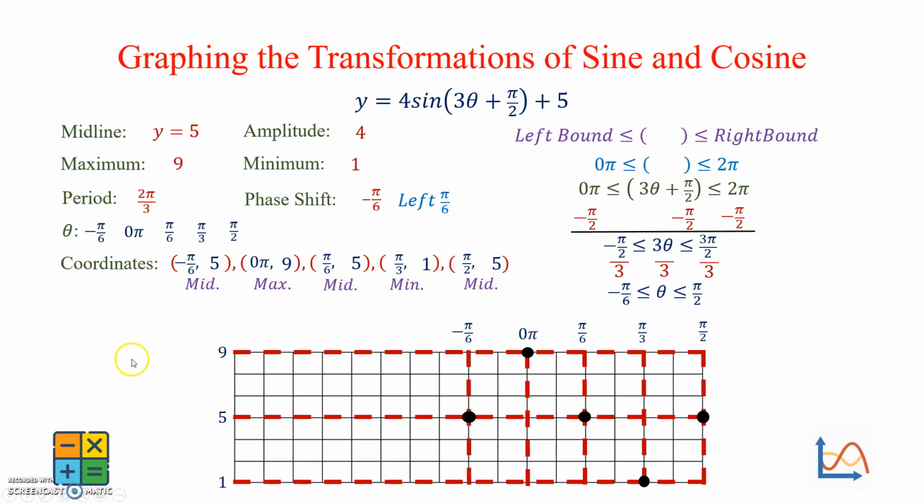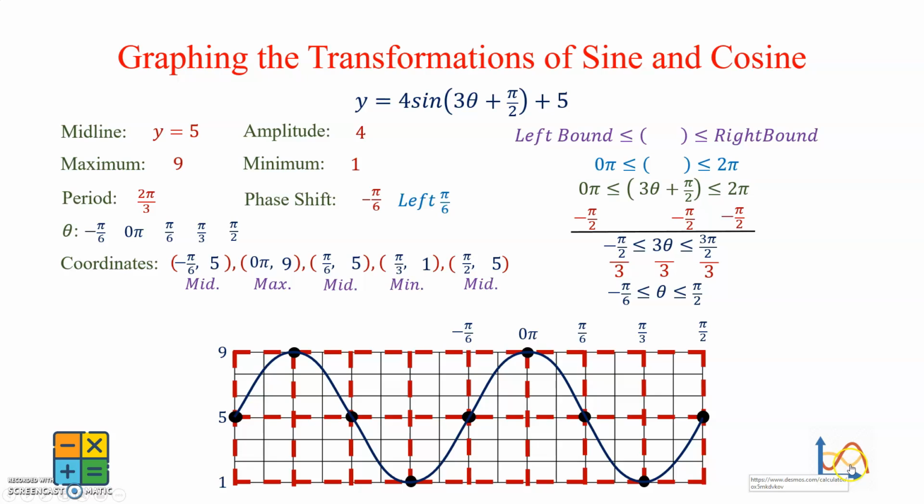We could fill in the backspace and get our other 4 points, and we have enough now to actually graph our picture. Now I will admit it doesn't show the stretching and the shifting, but what's most important in math is these values. This gives us exactly where things are supposed to end up.